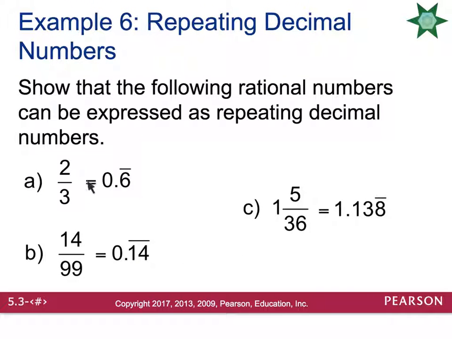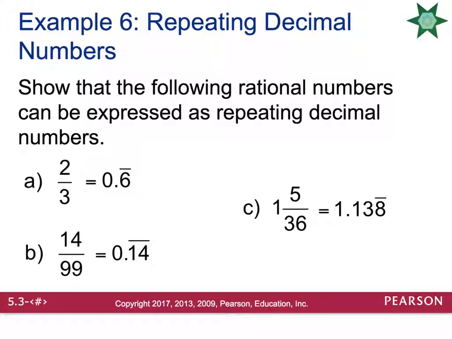Here's some examples of rational numbers where the decimals repeat. So 2/3 is 0.6666666, etc. 14 over 99 is 0.14 repeating. 1 5/36. Now this is a mixed number. We can write this as an improper fraction. So let's do that.